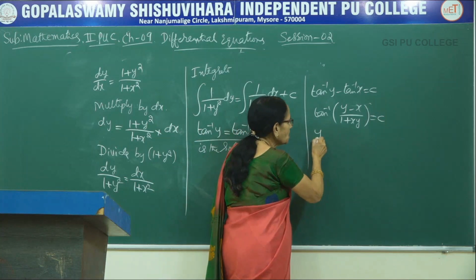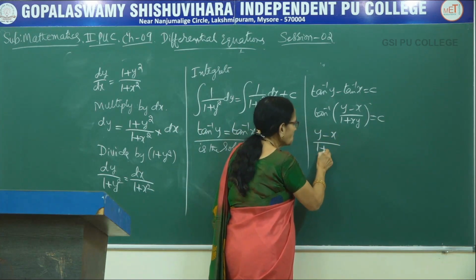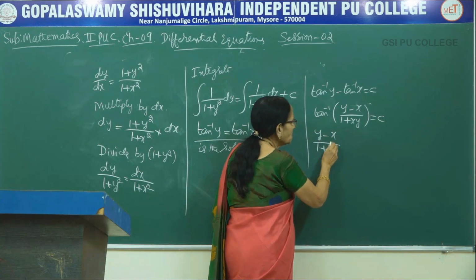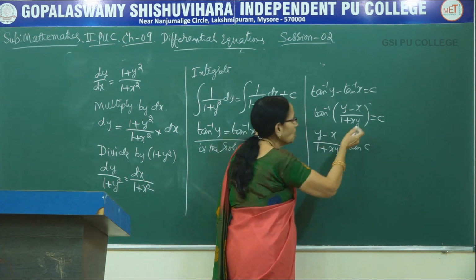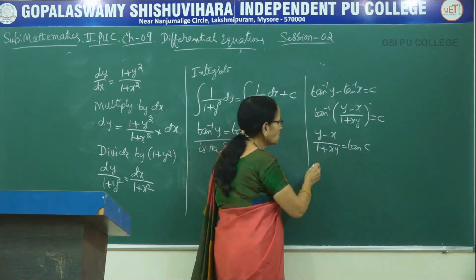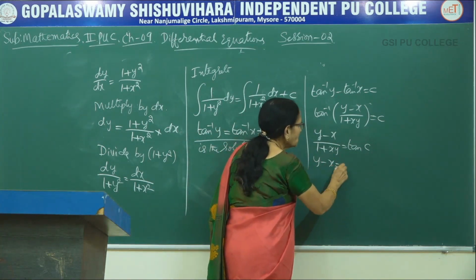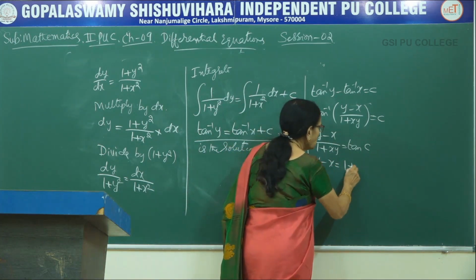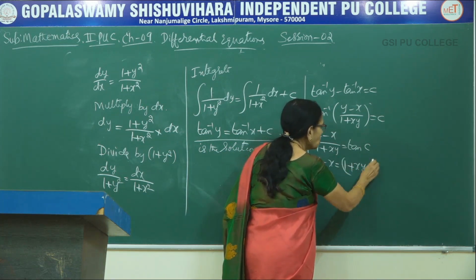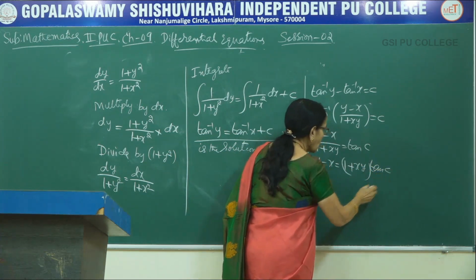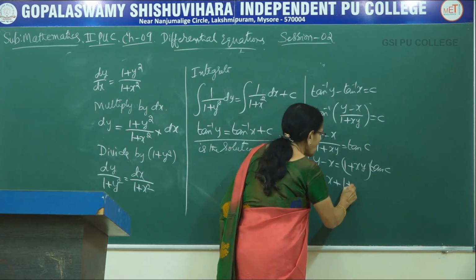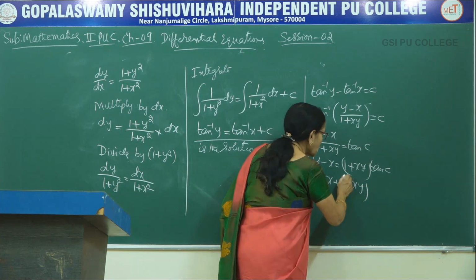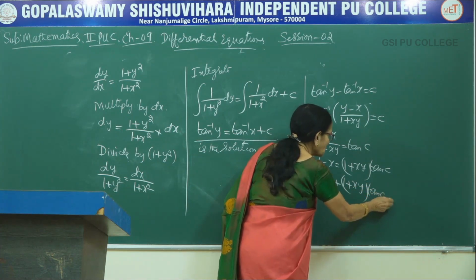Or using the definition of the inverse trigonometric function, y minus x over 1 plus xy is equal to tan c. Or you can write also y minus x equal to 1 plus xy into tan c. Or you can still write it as y is equal to x plus 1 plus xy into tan c.